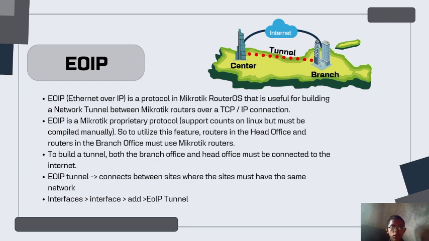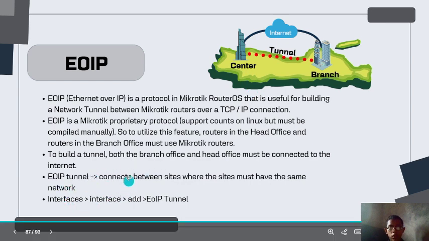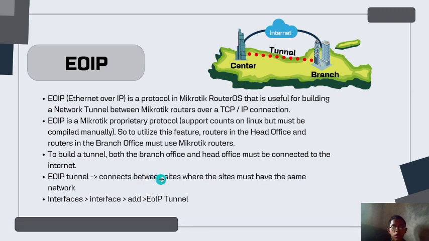And to build a tunnel, both the branch office and head office must be connected to the internet. The EoIP tunnel connects sites where the sites must have the same network. And to configure it, you can go to interface and add an EoIP tunnel.